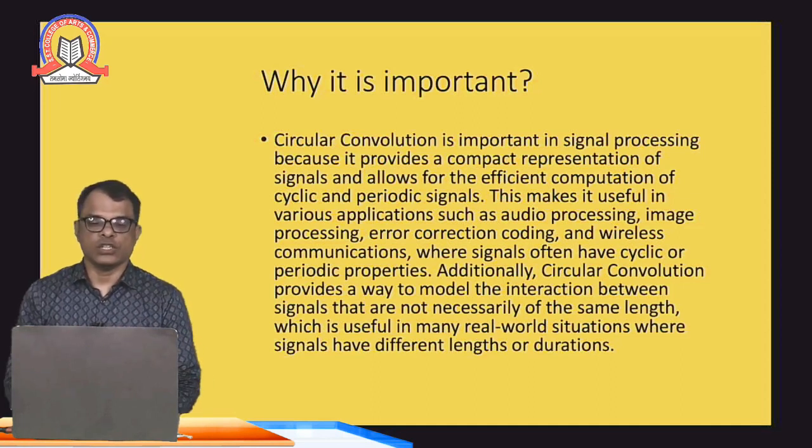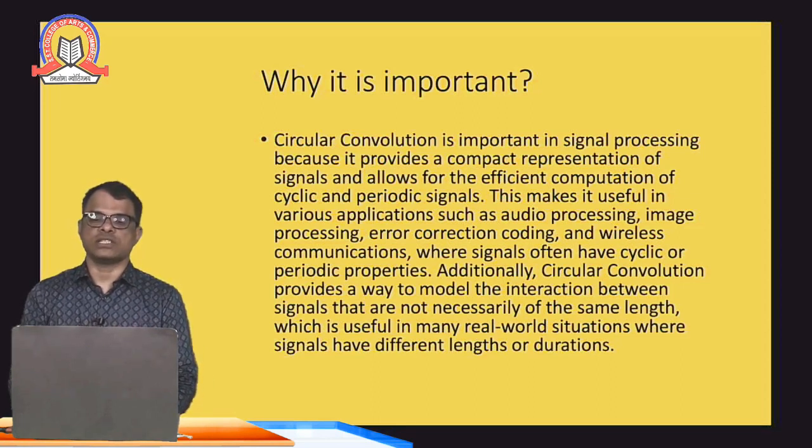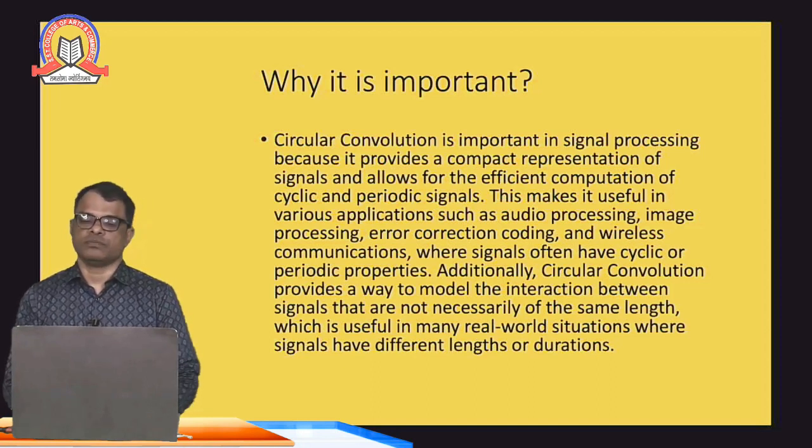This makes it useful in various applications such as audio processing, image processing, error correction coding, and wireless communication, where signals often have cyclic or periodic operations. Additionally, circular convolution provides a way to model the interaction between signals that are not necessarily of the same length, which is useful in many real-world situations where signals have different length or duration.